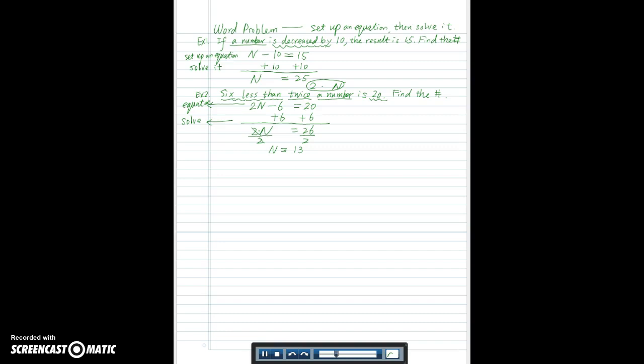That's example 2. Some of the problems may have more than one unknown. Right here we just have one number that's unknown. What if we have 2 unknowns? So if we look at example 3: one number is 6 more than another number.